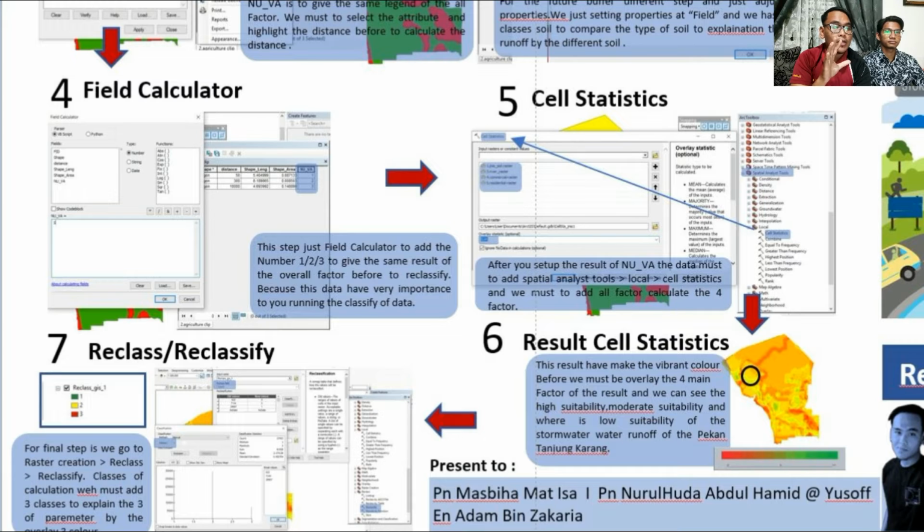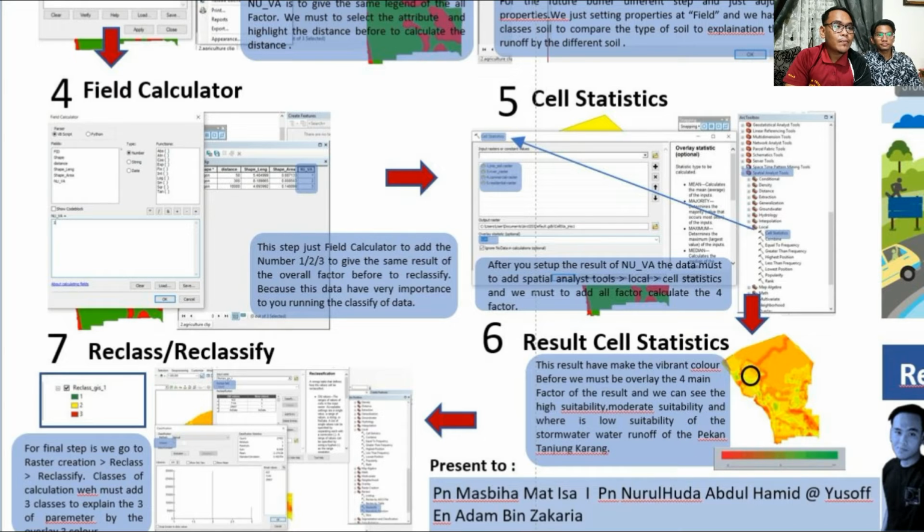For number 5, cell statistic. After you set up the result of NUVA, you must add the spatial analysis tool, local cell statistic, and add all the factors, the 4 factors. For number 6, the result makes a vibrant color.